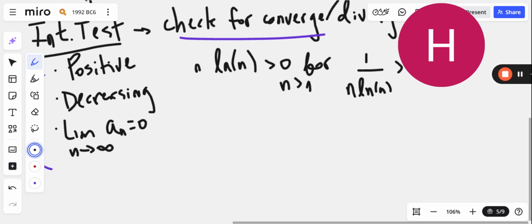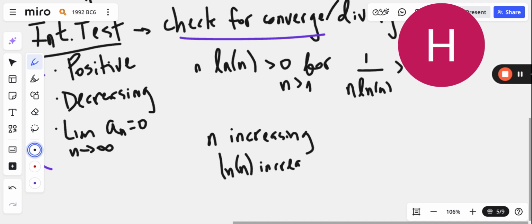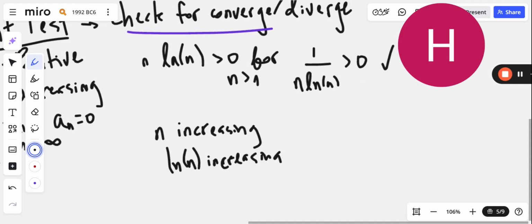Now there are a couple of ways to do this which sort of avoid using a derivative. We can use reasoning. We can say n is increasing. We can say ln of n is always increasing. Therefore, n times ln of n is always increasing.